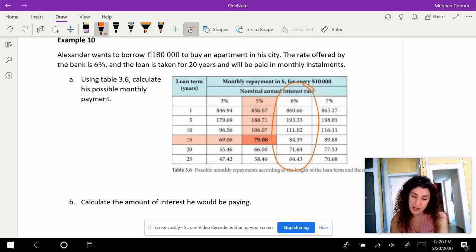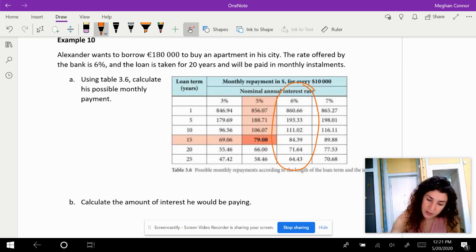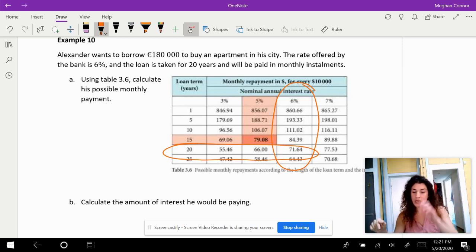And we are borrowing 180,000 euro, and we're going to pay it back in 20 years. So they're asking us to say, okay, here we've got 20 years at 6%, and that's 71.64, but we're not borrowing $10,000. We're borrowing 18 of $10,000, or euro, whatever, to make 180,000, right? 10,000 times 18 is 180,000.